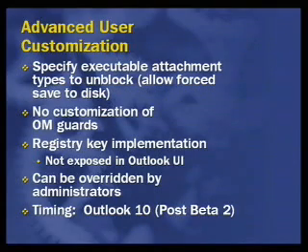The way that they would do this is by using a registry key. There's no UI implementation. It's available only through a registry key. And from that registry key, they can specify attachment types that would be moved from level 1 to level 2, where level 1 is blocked and level 2 is saved to disk.